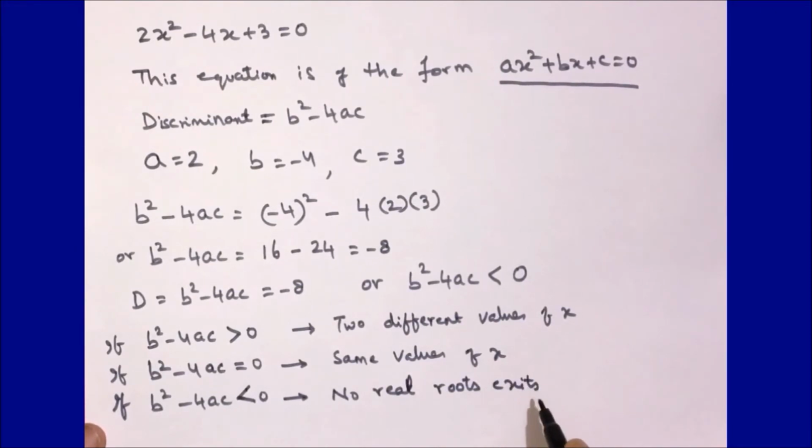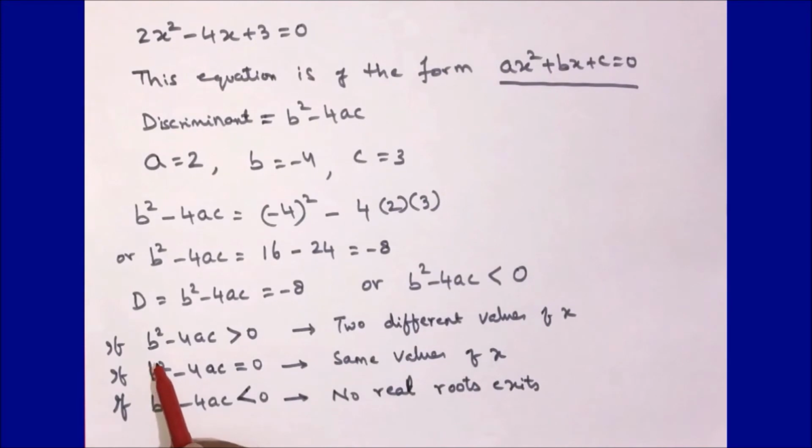Guys, this is a very important thing. For solving any type of quadratic equation, it is always advisable to first find b^2 - 4ac. If you see that b^2 - 4ac is greater than or equal to 0, then move ahead. If you see that it is less than 0, don't waste time and say that this quadratic equation does not have any real roots.